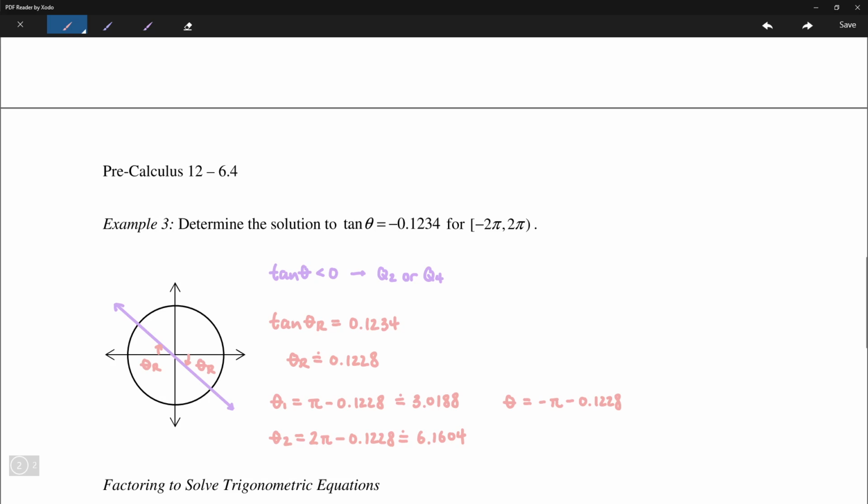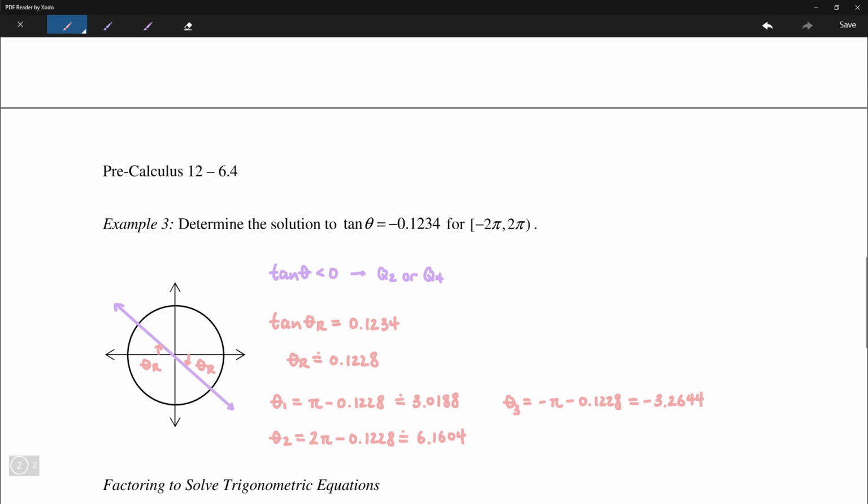So think about it as we start here and then we go all the way around the circle once. Or actually, that's not what we're doing. We're going this direction to get the third answer. So that would be negative pi minus 0.1228, which gives the third solution. That would be negative 3.2644. And that's the third answer.